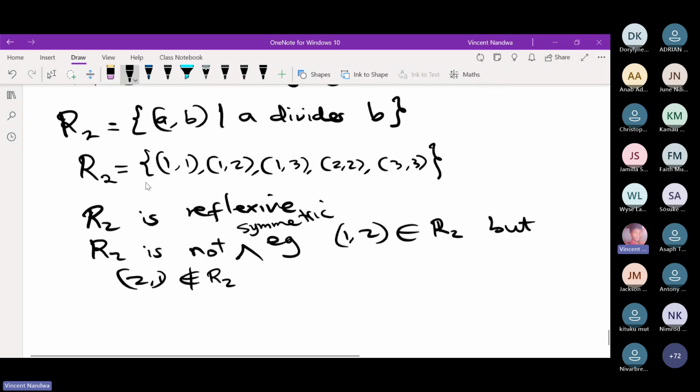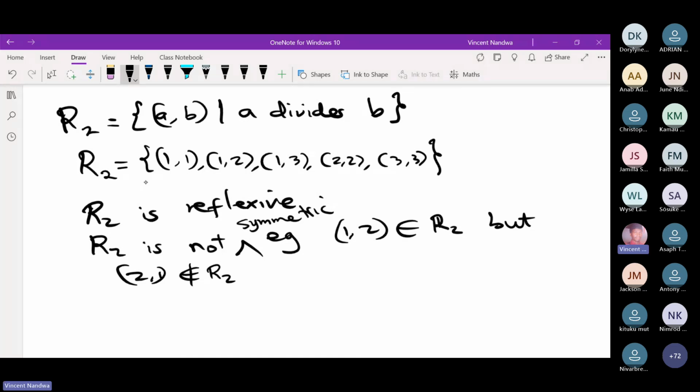Now, can we say that R2 is antisymmetric? Yes, R2 is antisymmetric.